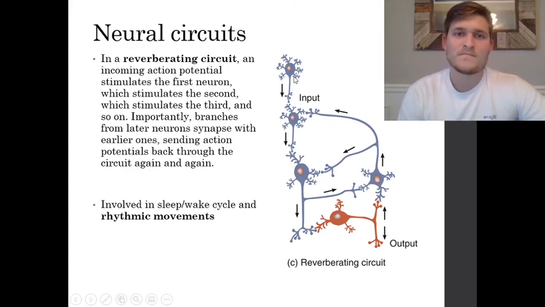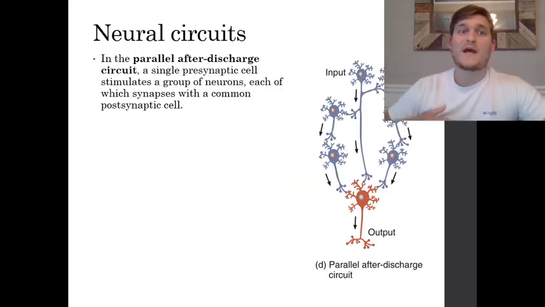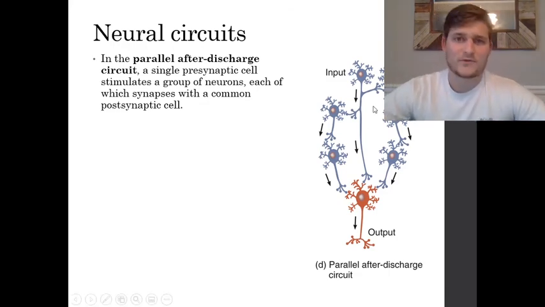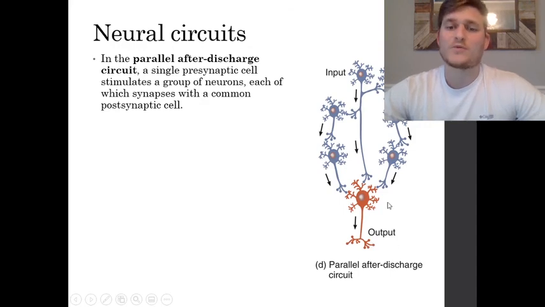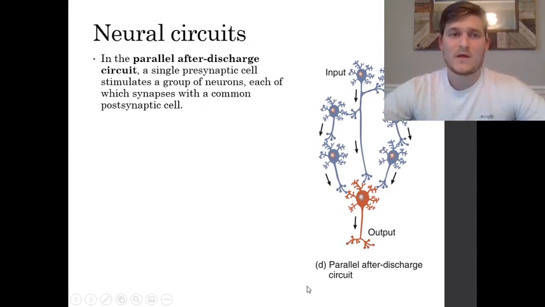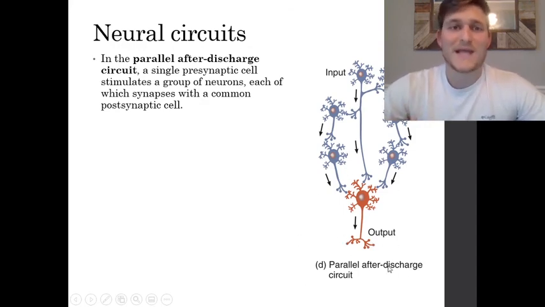And so there is regulation going in the forward direction, and then there's regulation from these neurons going in the reverse direction. And then we have what's called a parallel after discharge circuit, where a single neuron is going to activate multiple parallel groups of neurons, all of which have a single common postsynaptic neuron.